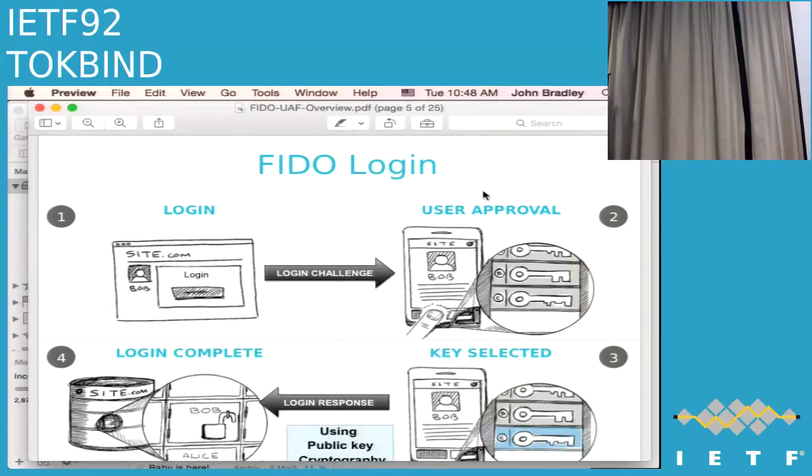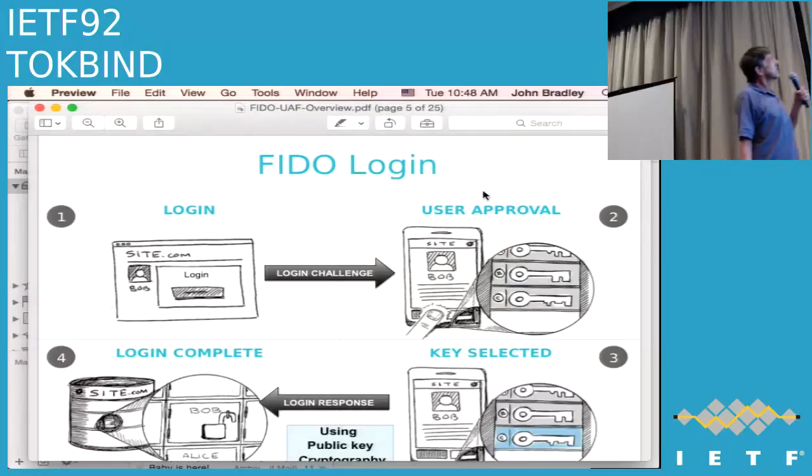Okay. So the reason all this is relevant is for the token binding stuff. Oh, and U2F. The only difference with U2F is that the user does supply a reusable shared secret, but it gets combined with this asymmetric key magic underneath.